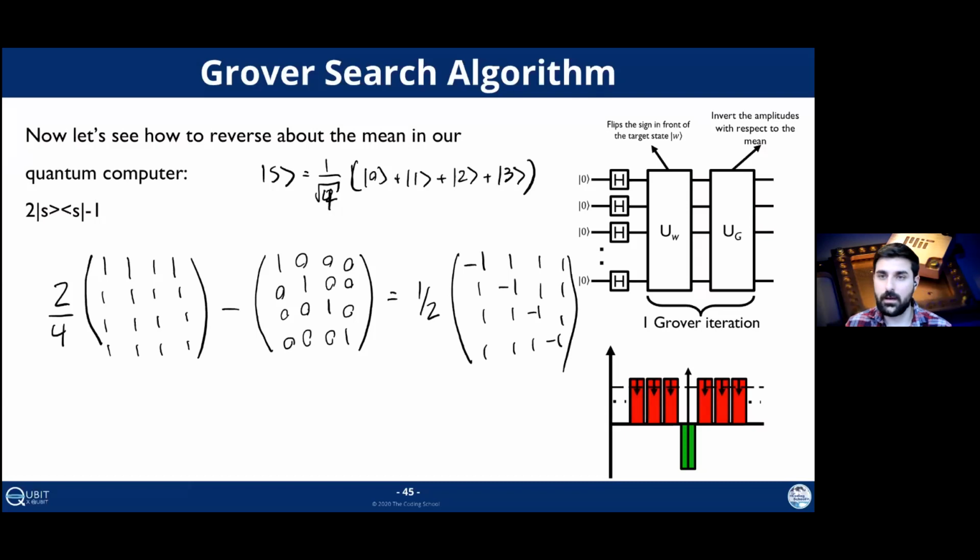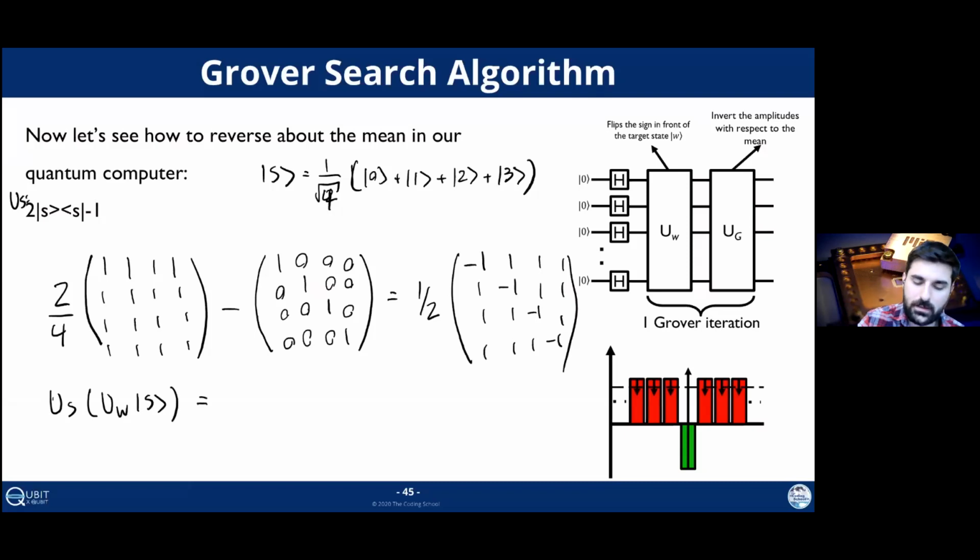Now, of course, writing this down is going to be a little cumbersome. So I'm going to skip it in favor of the geometric argument, because what happens is that we have this U of S now. U of S acts on the state after we apply the Grover oracle to the equal superposition state.